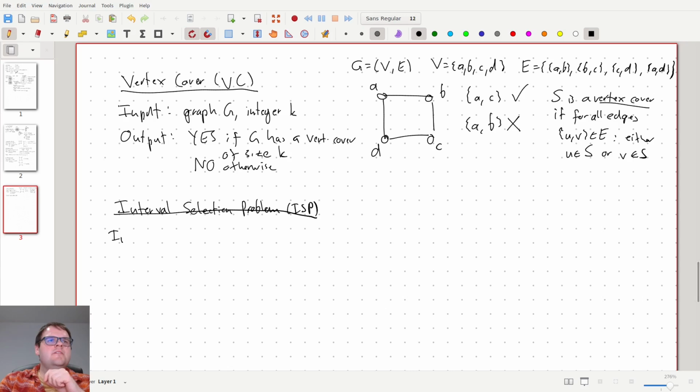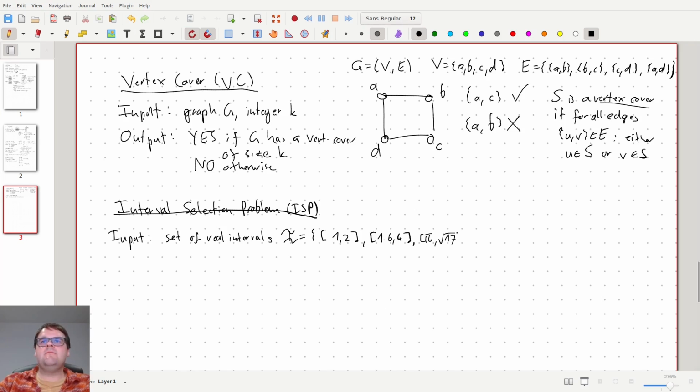As an input, this takes a set of real intervals, so intervals of the real numbers. Let's call this set I. Then as an example we can have the interval 1, 2, we have the interval 1.6, 4, and we have the interval pi, square root of 17, right? Those are three real intervals, and it might be useful to draw out what they look like.